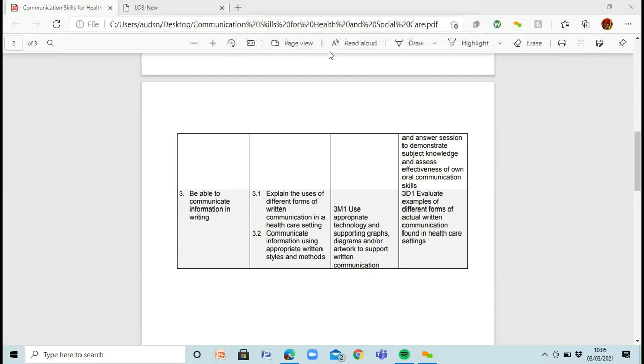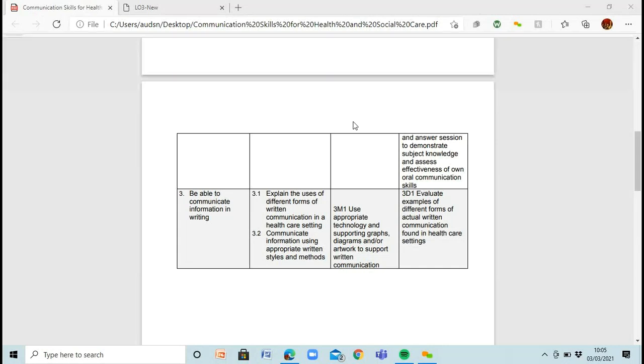Fantastic. We're going to be looking at 4 different criteria on here. 3.1 is explain the uses of different forms of written communication in a healthcare setting. 3.2 is communicate information using appropriate written styles and methods.